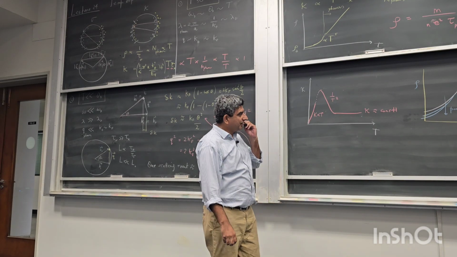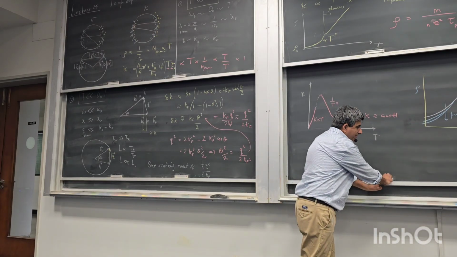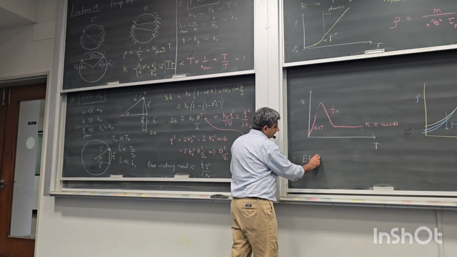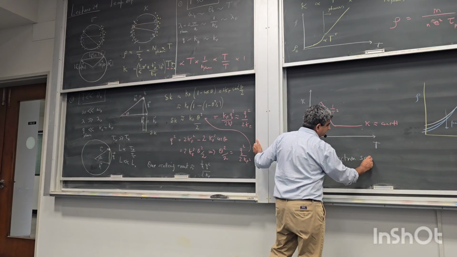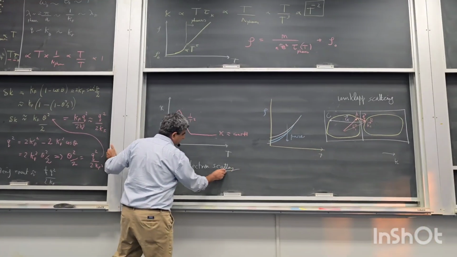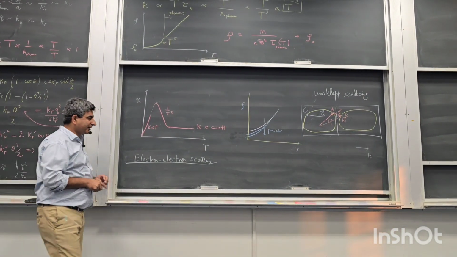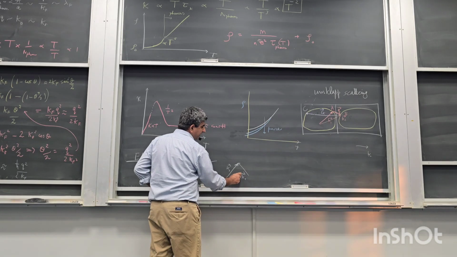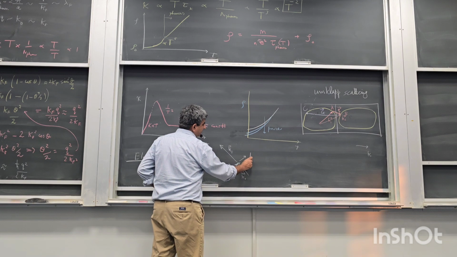Yes, let's see. First of all, let's look at the possibility of electron-electron scattering. If I were to draw the Feynman diagram for electron-electron scattering, electron wave vector k1 and electron wave vector k2 interact with one another and produce a wave vector k3 and a wave vector k4.